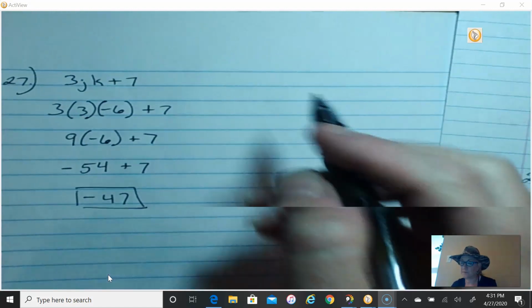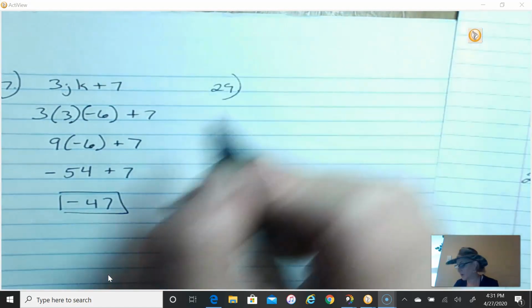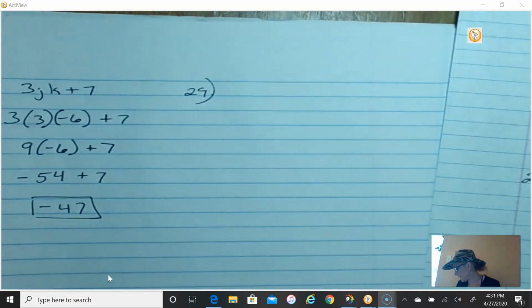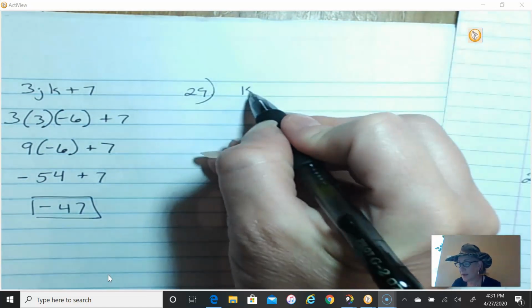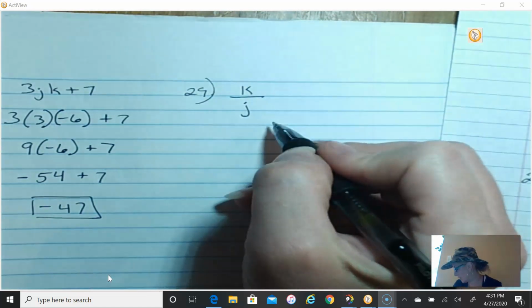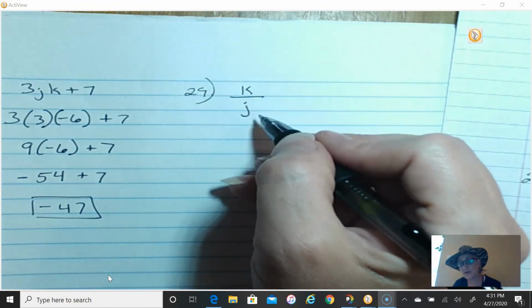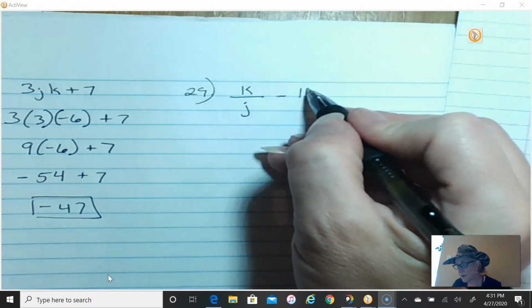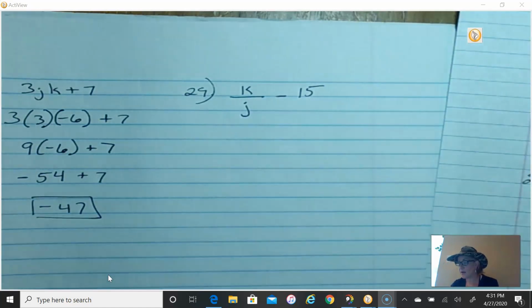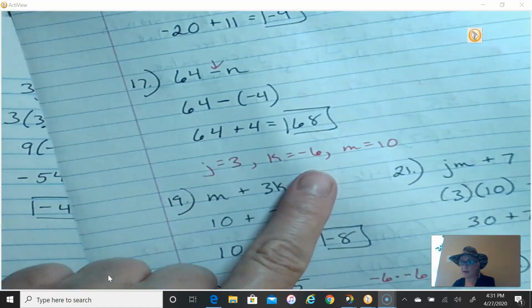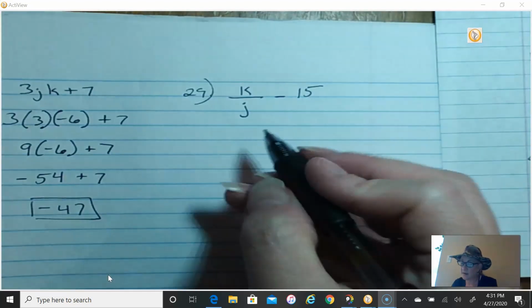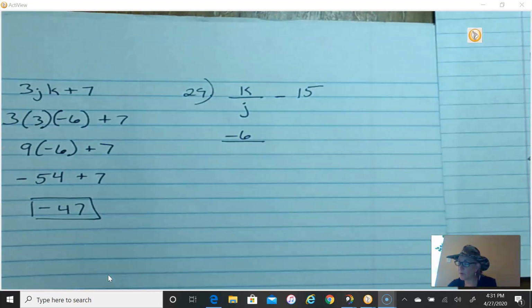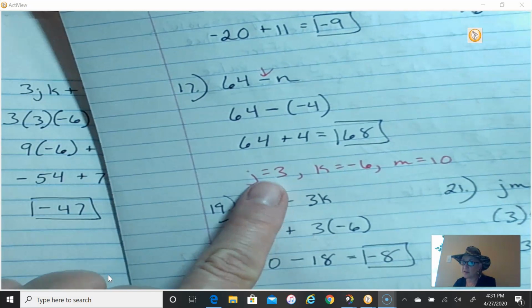All right, 29. Last one, boys and girls. K divided by J. When it looks like a fraction, that means you're dividing. Minus 15. All right, K, negative 6. Negative 6 over J, which is 3.